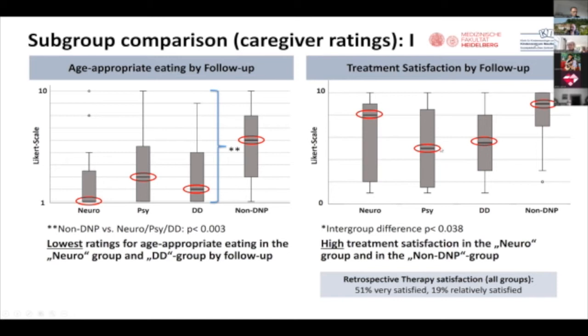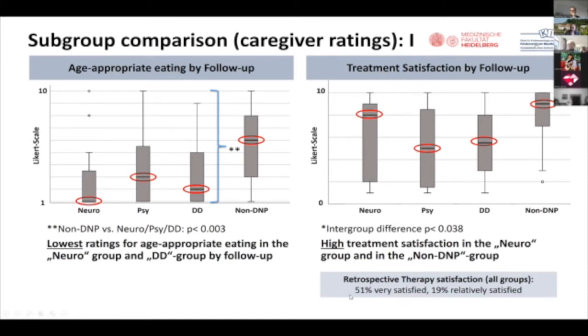And you see that the parents of the children with the behavioral disorders and with the other syndromes were fairly dissatisfied with the previous treatment, or let's say they were in the medium range of satisfaction. They were not completely unsatisfied, but they were not extremely satisfied.